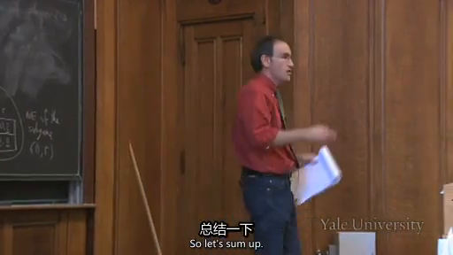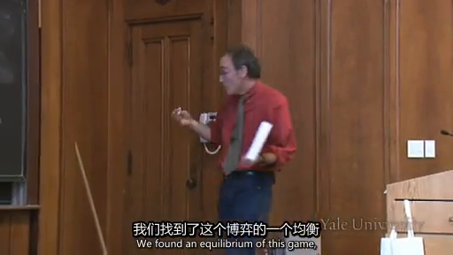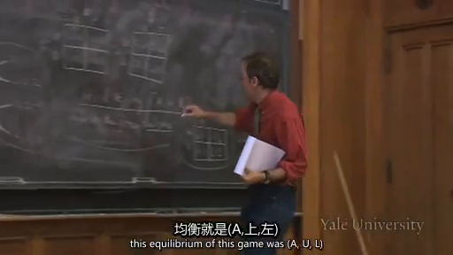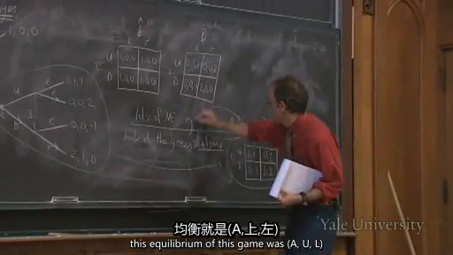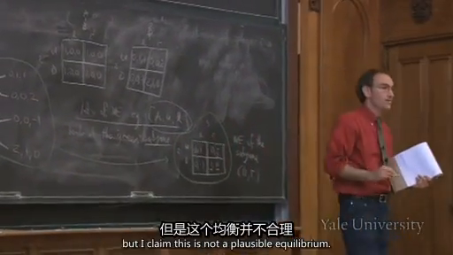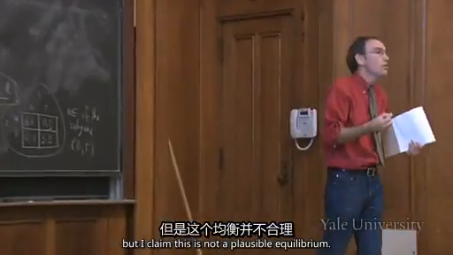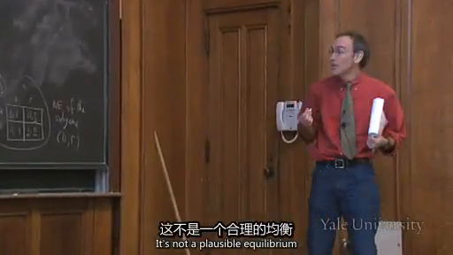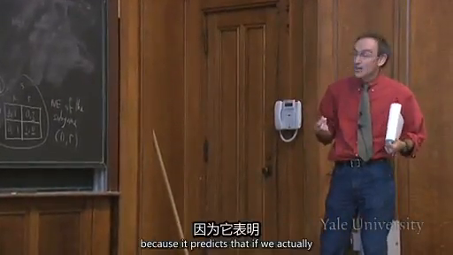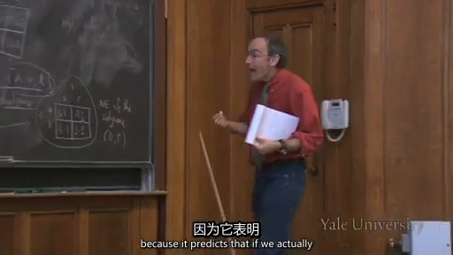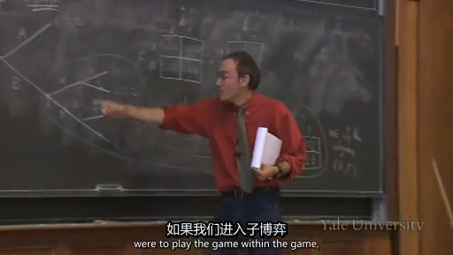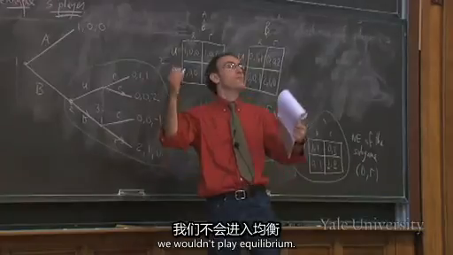All right? So let's sum up. We found an equilibrium of this game. This equilibrium of this game was AUL. But I claim this is not a plausible equilibrium. It's not a plausible equilibrium because it predicts that if we actually were to play the game within the game, we wouldn't play equilibrium.